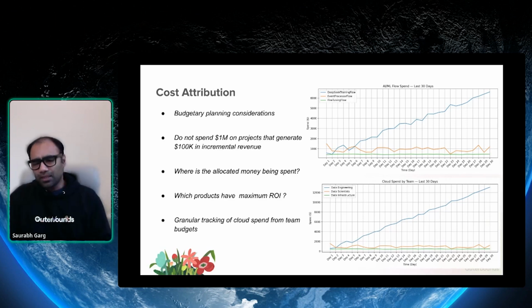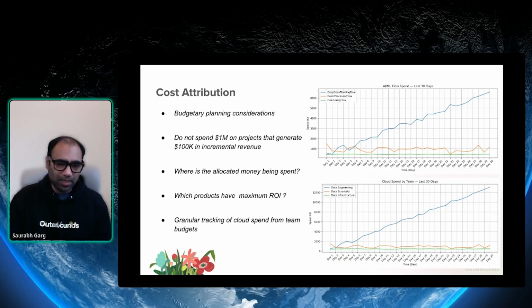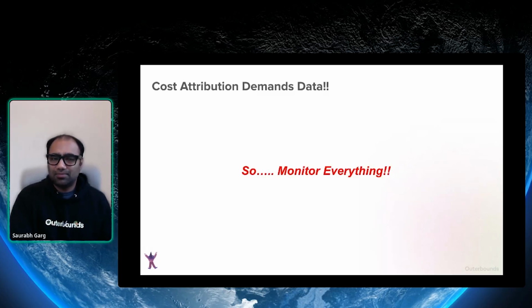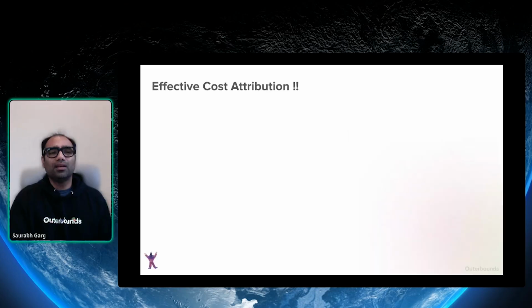Or I want to break this down by cloud spend by team, whether it's the data engineering folks or the data scientists or the data infrastructure guys, who's causing spend over the past 30 days or what have you. So in order to be able to answer these questions, it demands data. So the answer to that is monitor everything.